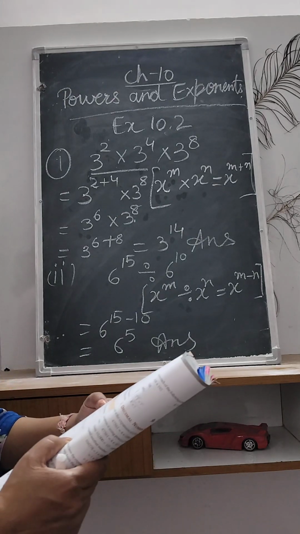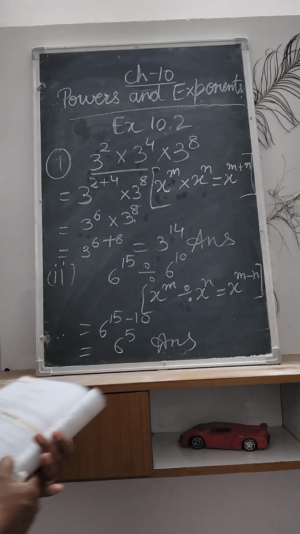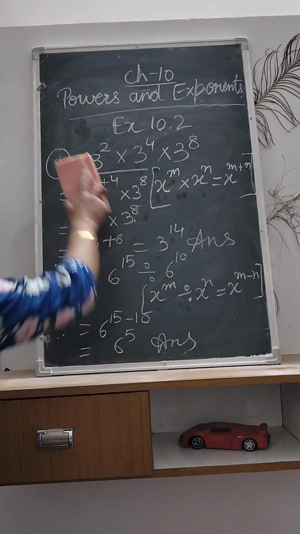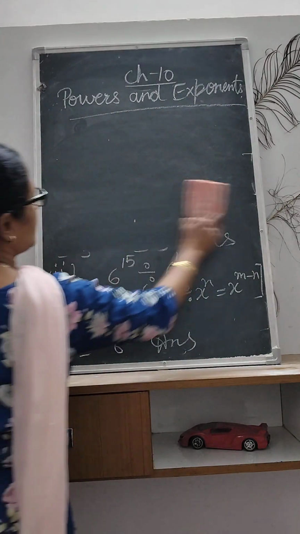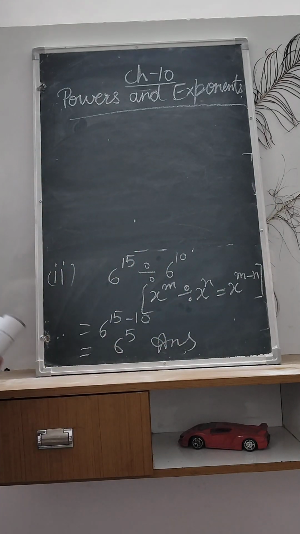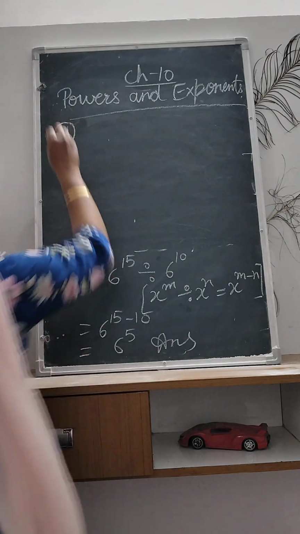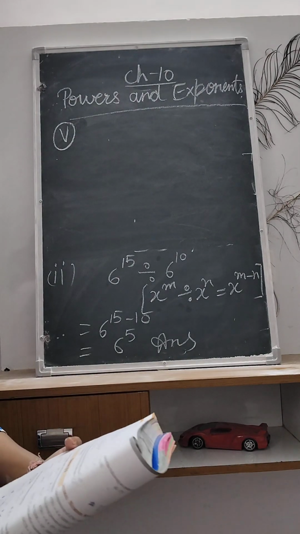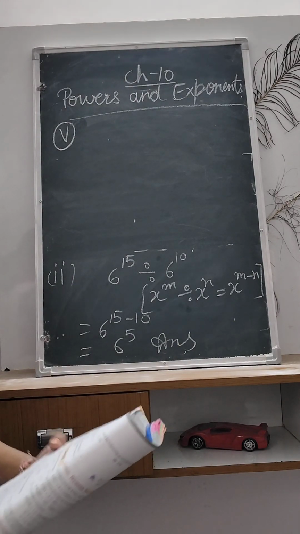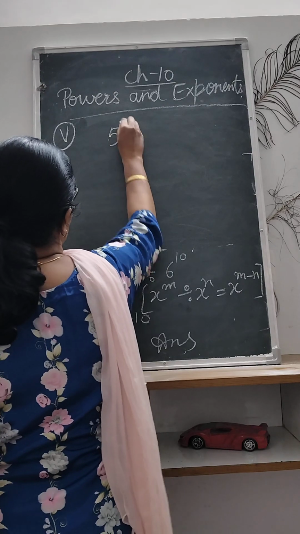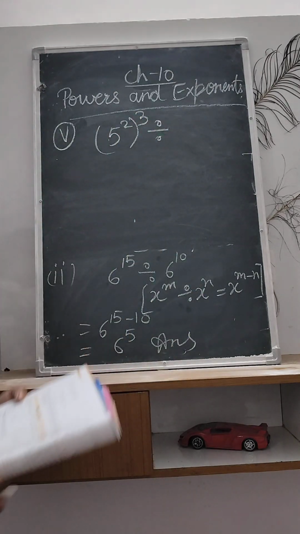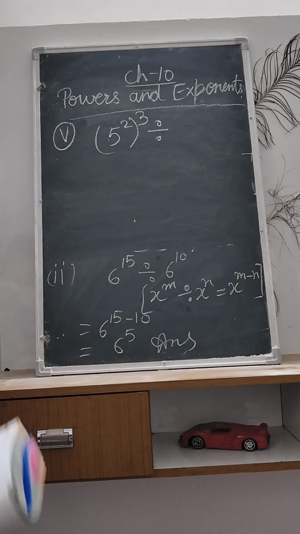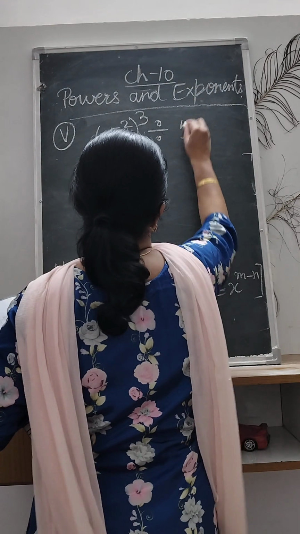Okay. Now let us do one more sum. Now I am doing the fifth part. Now students, fifth part if you see, it is written 5 raised to power 2, 5 raised to power 2 whole power is 3, divided by 5 raised to power 3.